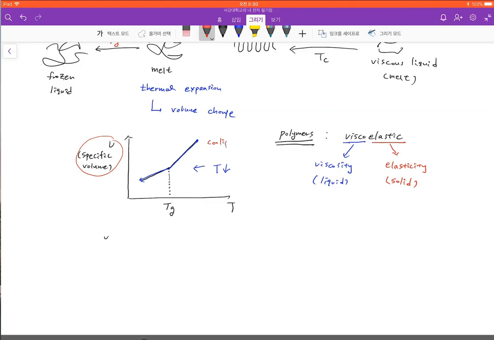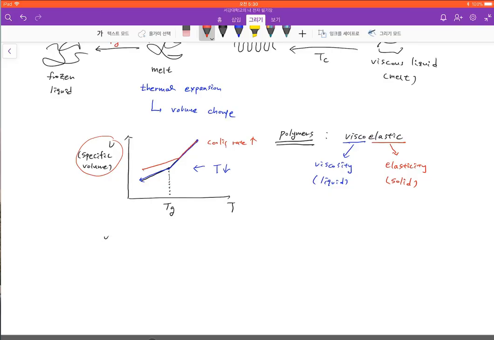But if the cooling rate is really large, if you decrease the temperature abruptly, for example, it follows like this. If the cooling rate is very fast, it suddenly becomes like a solid.